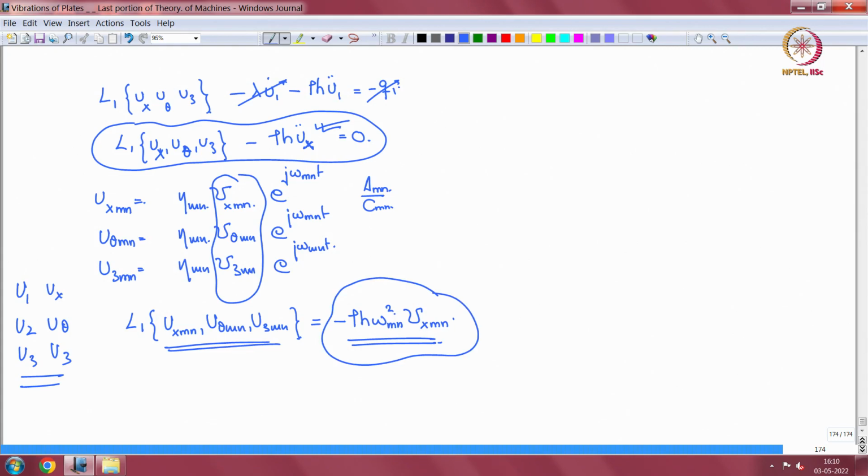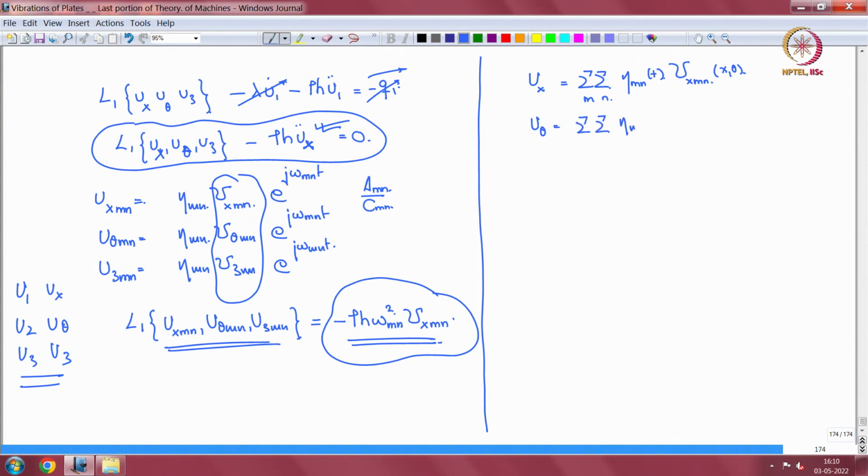Okay. So now, in this original equation, if I substitute the full ux as a summation over mn of eta mn of t times ux mn of x, theta, and u theta in the same form, eta mn of t u theta mn.